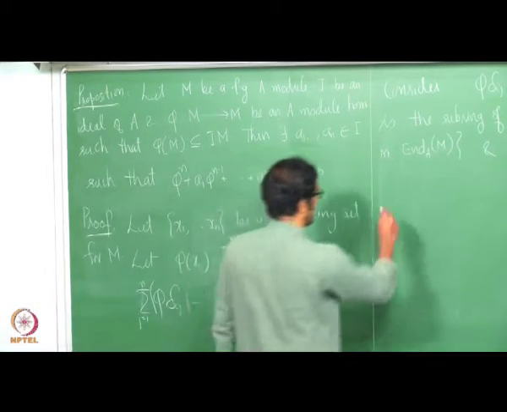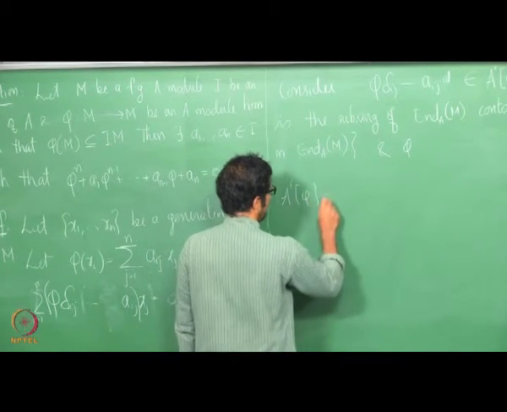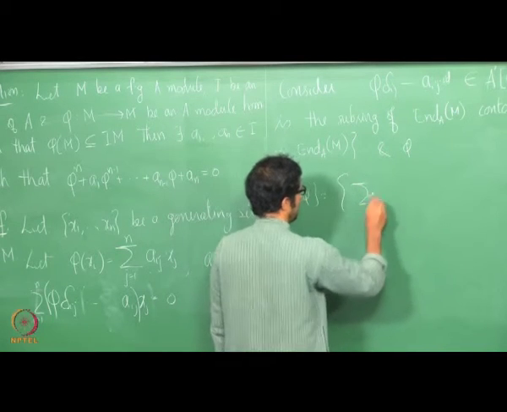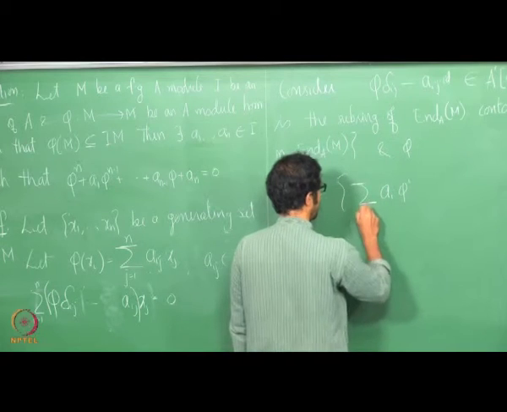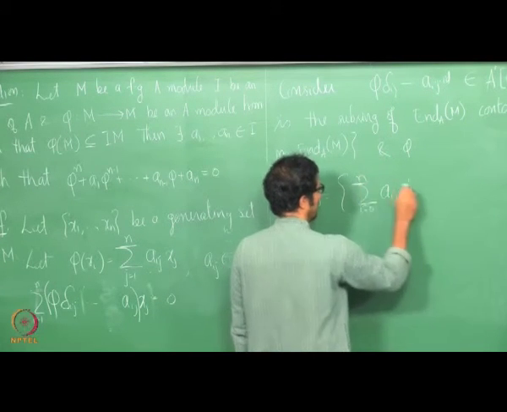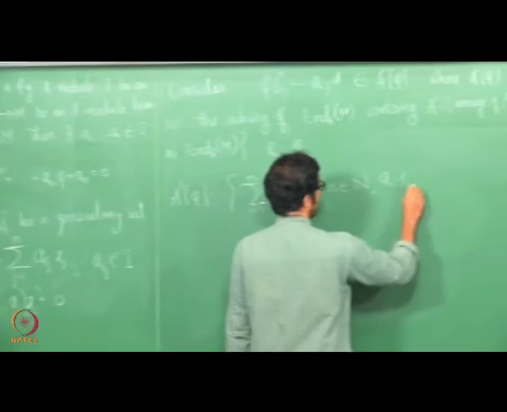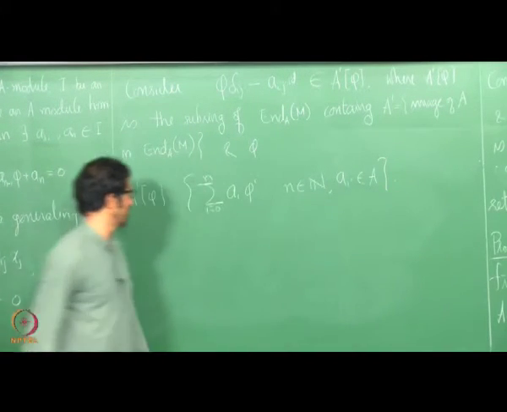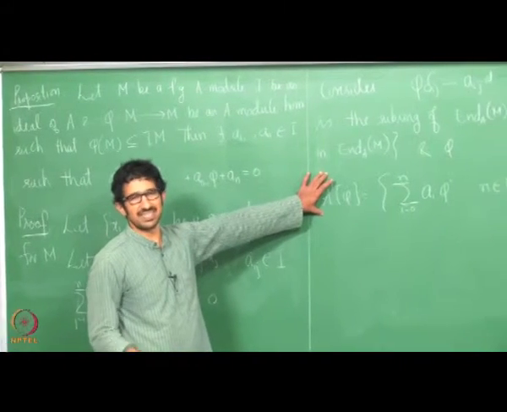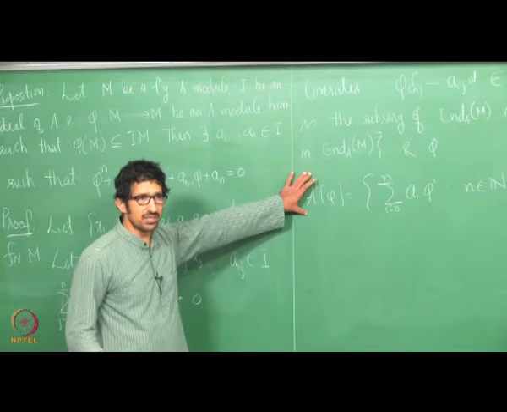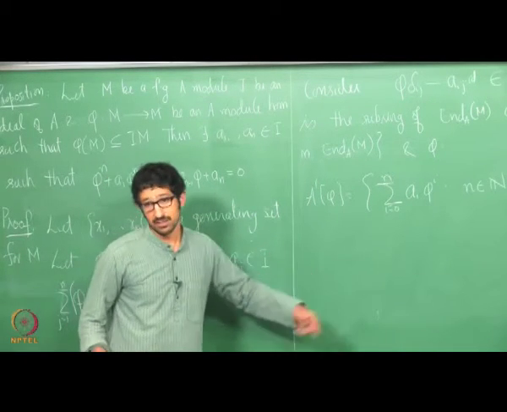So every element in A prime phi looks like the summation of ai phi power i, i from 0 to n, n in N, ai in A. I am denoting it A prime because it is not really A. It need not necessarily be even isomorphic to A, because the multiplication map can be 0.